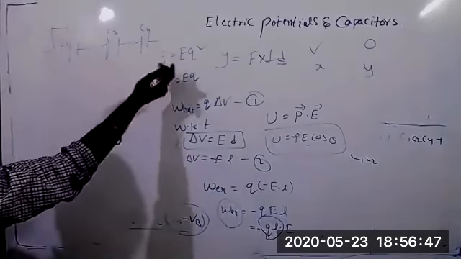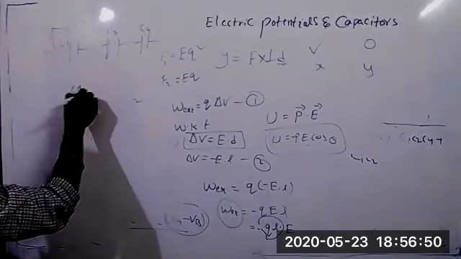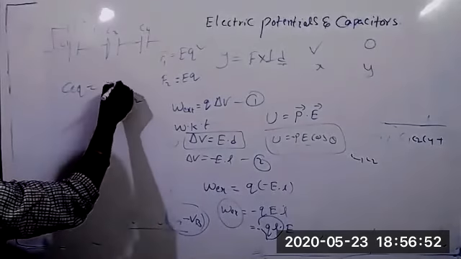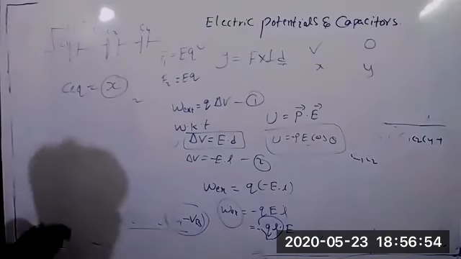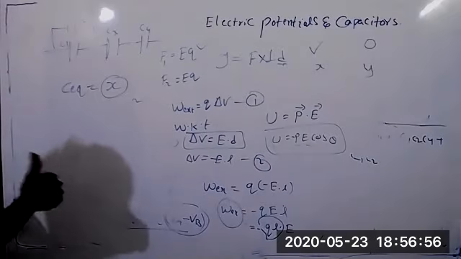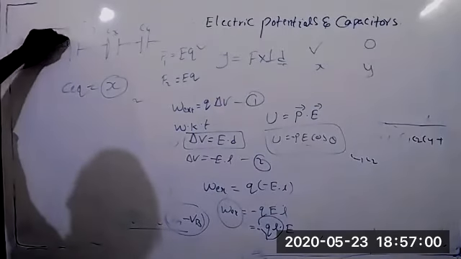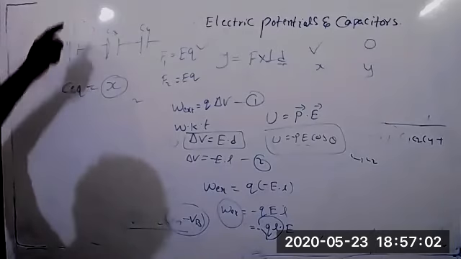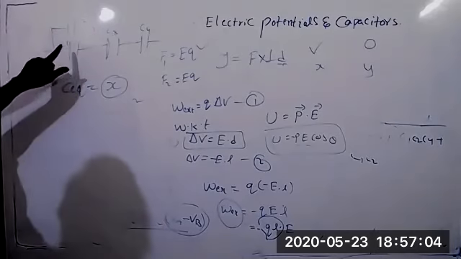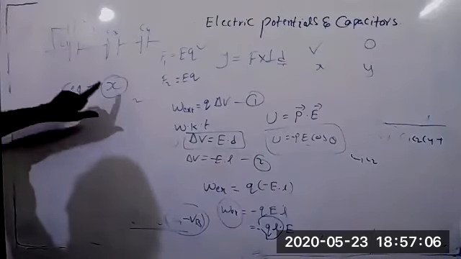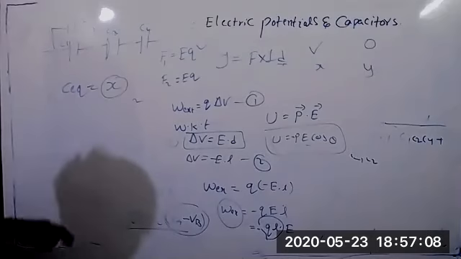You will get C equivalent equal to some X value. Now they will ask you to calculate the charge on C1, the charge on C2. You can calculate that now. If you know the capacitance, you can find the charge, right?